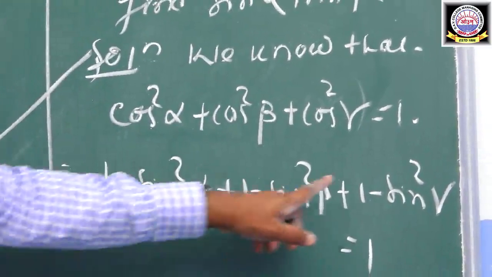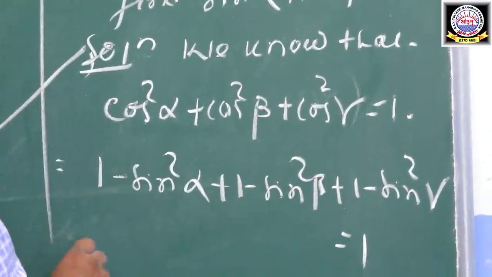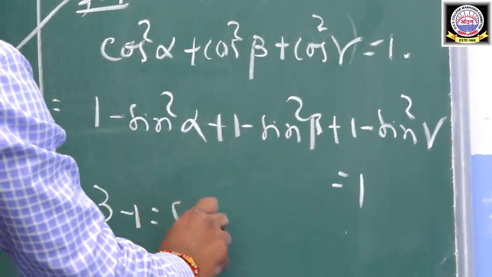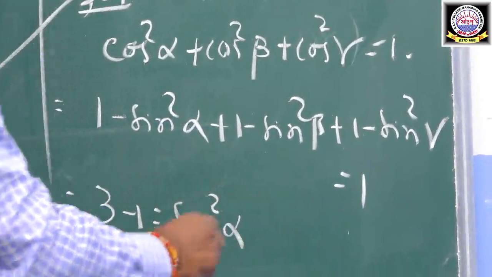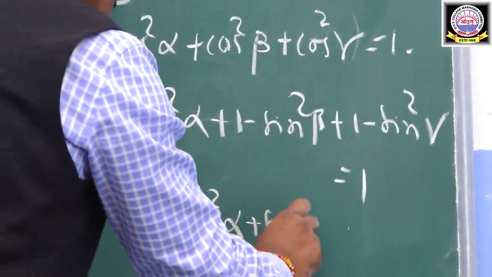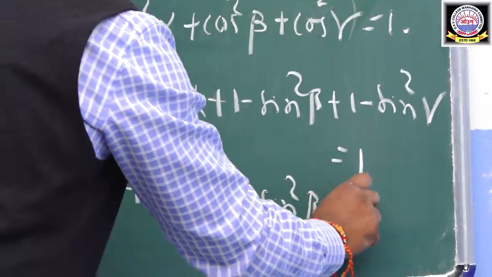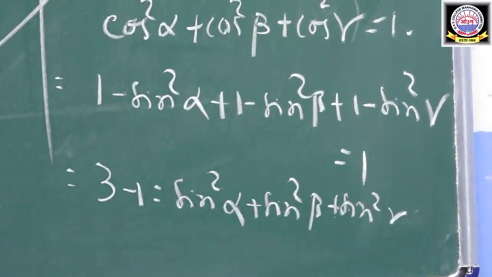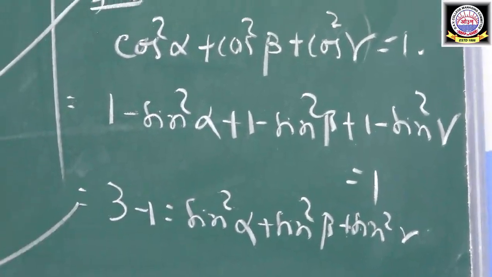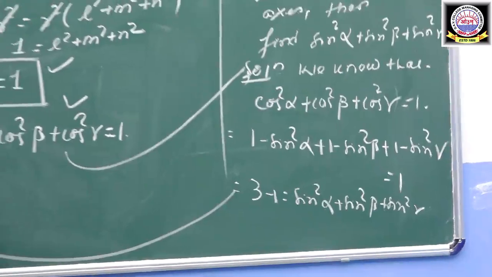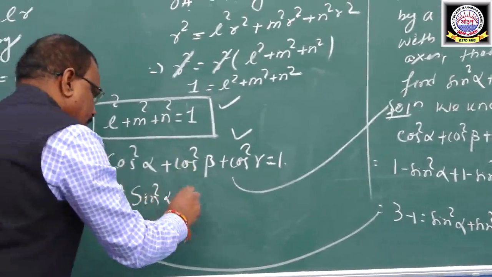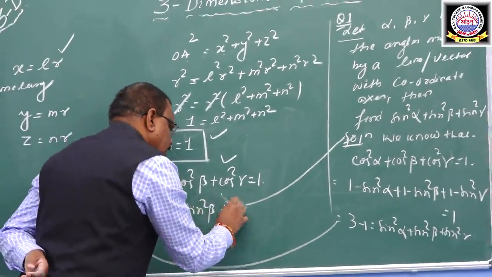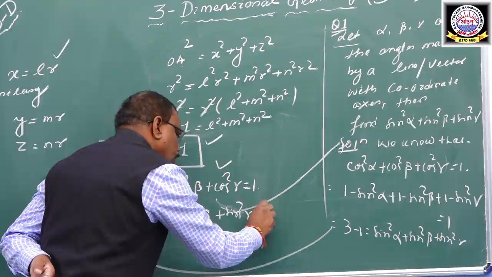Now 1 plus 1 plus 1 is 3. So I am taking the right hand side 1 to this side. Sin square alpha plus sin square beta plus sin square gamma. So, what is the value I got? You come to here directly. I got sin square alpha plus sin square beta plus sin square gamma is equal to 2.